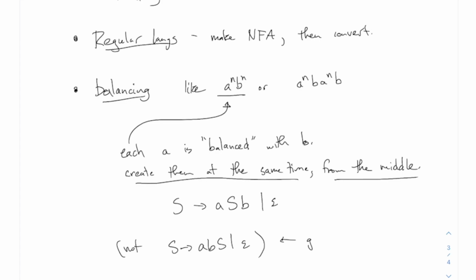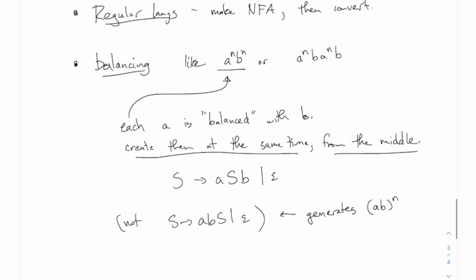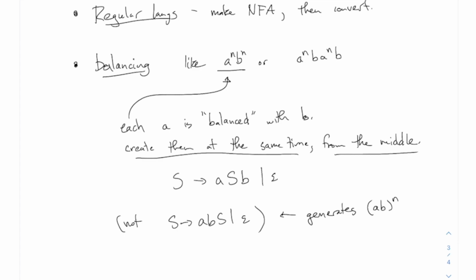This one doesn't generate a to the n, b to the n. It generates A, B, A, B, A, B. Actually, if you insist on using an n, it would be (ab) to the n. But this is considerably less interesting as a language, because that actually is a regular language, right? There's only one n in there, so it's regular. All right, anyway, this is the strategy for balancing.